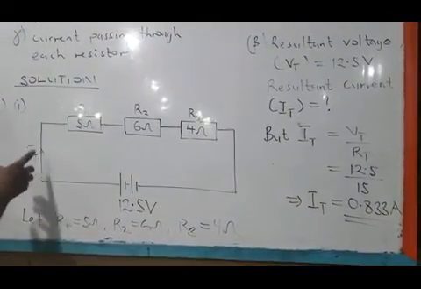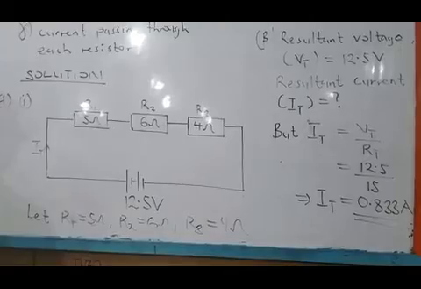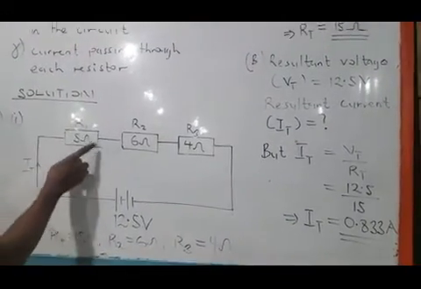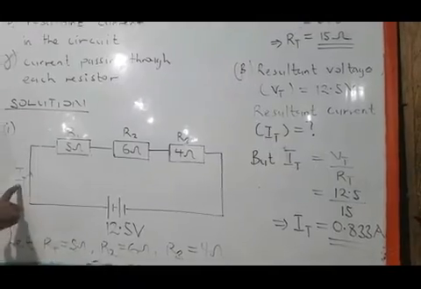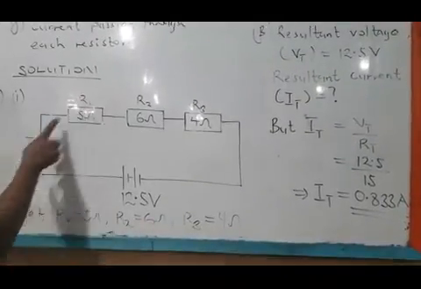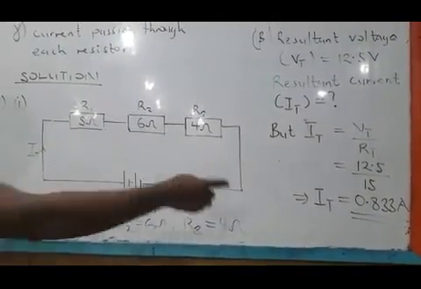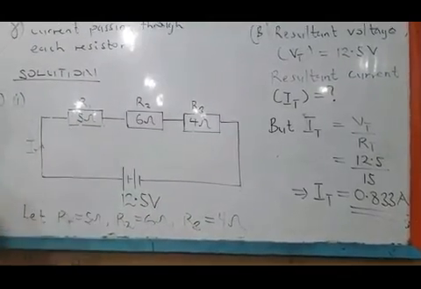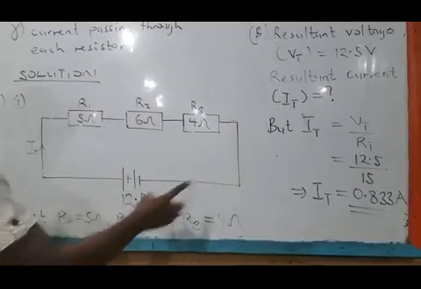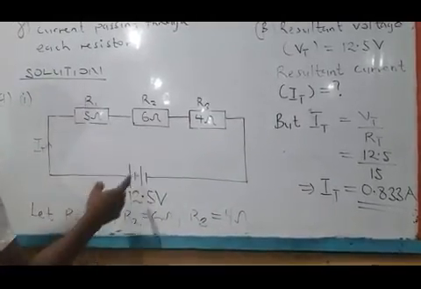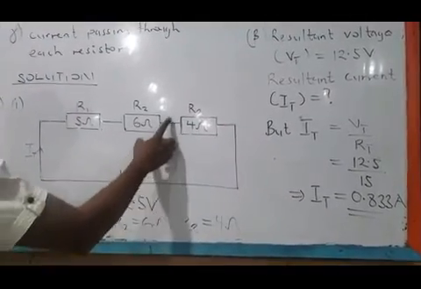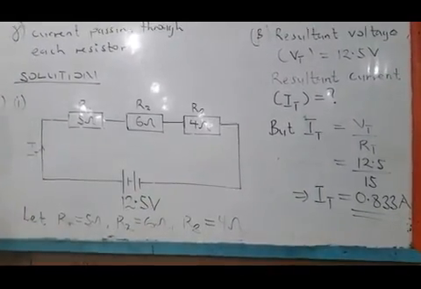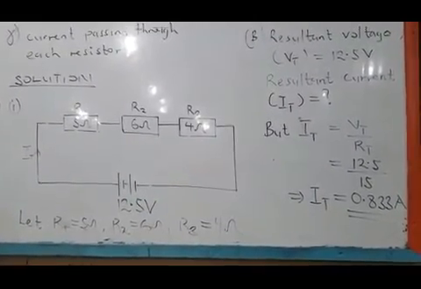If you are supposed to find the voltage across R1, the voltage will be the current times the resistance. So it will be IT times R1, which is 0.833 times 5. Similarly, the voltage here is 0.833 times 6, and the voltage here will be 0.833 times 4. Okay, so that is for question A.